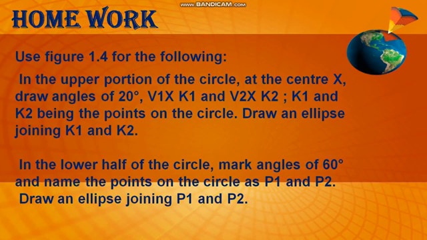Draw an ellipse joining K1 and K2. In the lower half of the circle, mark an angle of 60 degrees and name the points on the circle as P1 and P2. Draw an ellipse joining P1 and P2.